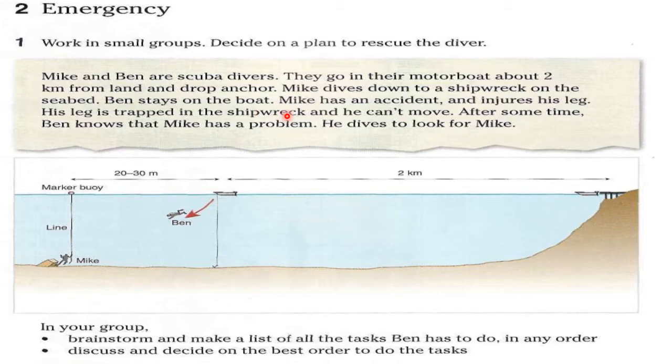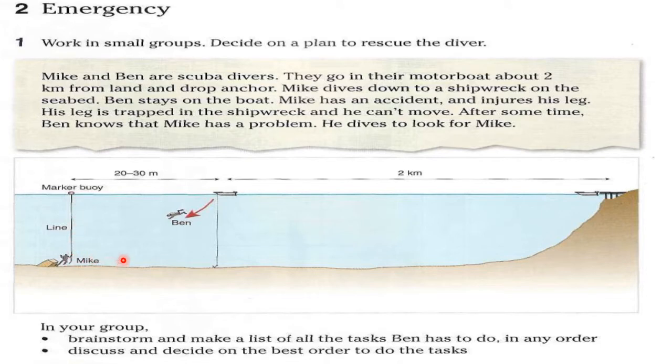Ben stays on the boat. Mike has an accident and injures his leg. His leg is trapped in the shipwreck and he can't move. After some time, Ben knows that Mike has a problem. He dives to look for Mike.